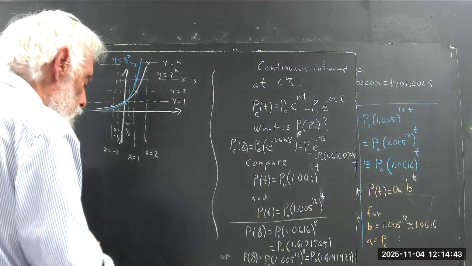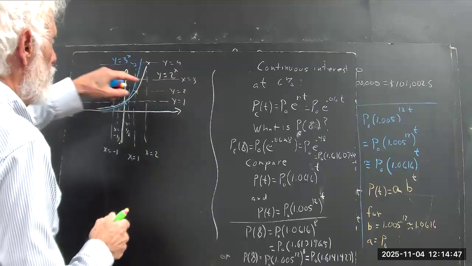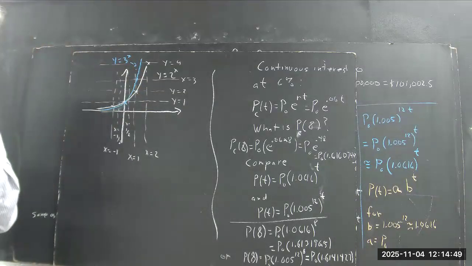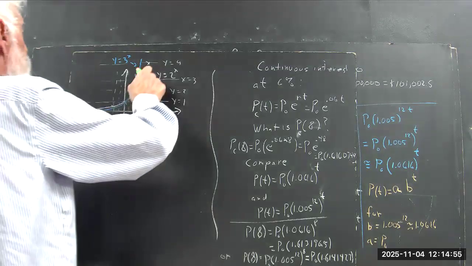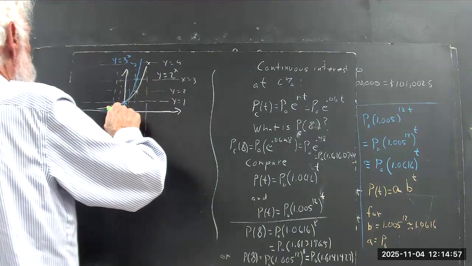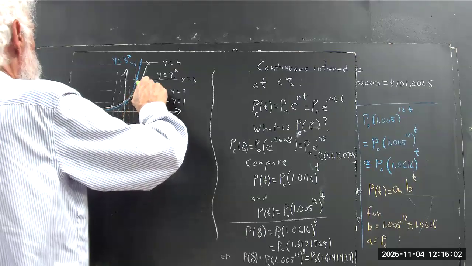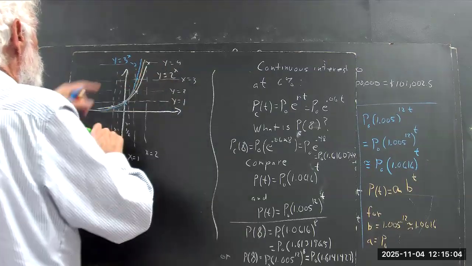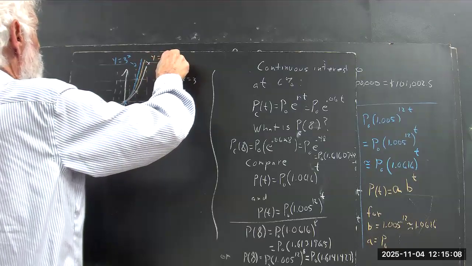Y equals e to the x. e is between 2 and 3, but a little bit closer to 3. e is about 2.7. Open Math will tell you about that. But the graph of e to the x goes in between these and probably closer to the 3 to the x graph. So this is y equals e to the x.